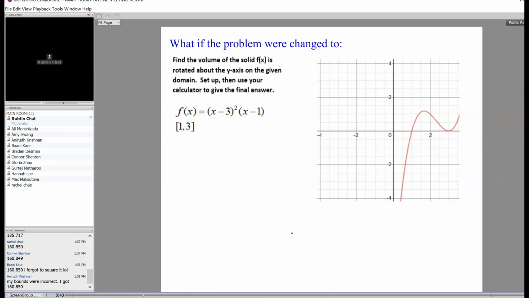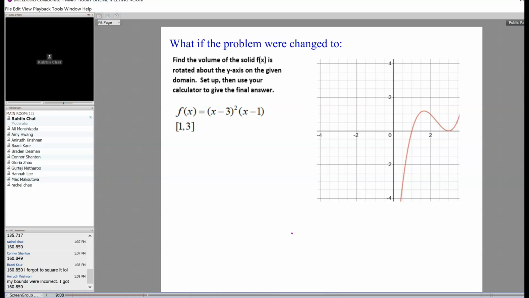Okay, so my question to you is, I want you to look at this problem. It's different, it's still cubic, but it's a different type of problem, and I want you to raise your hand. There's an inherent problem in this one. So if I'm doing the disk method, there's a problem with this one. I want you to tell me what is wrong if I were to use the disk method.